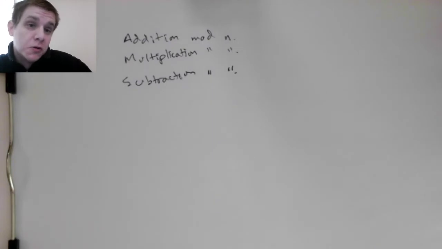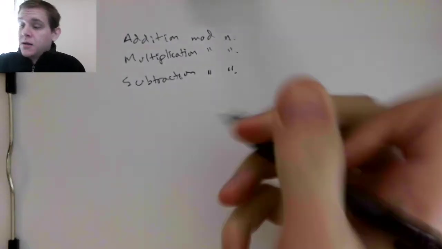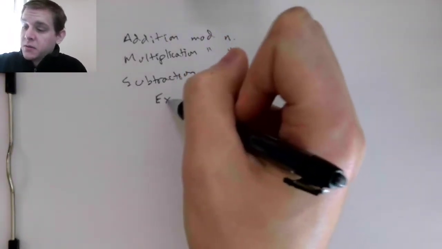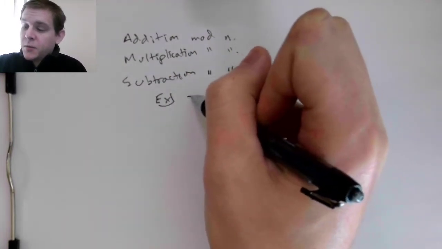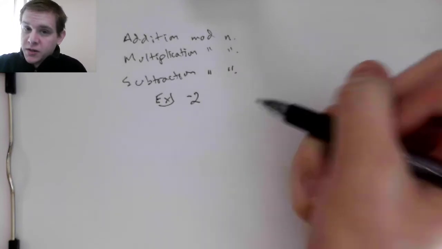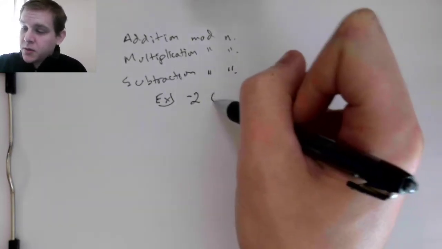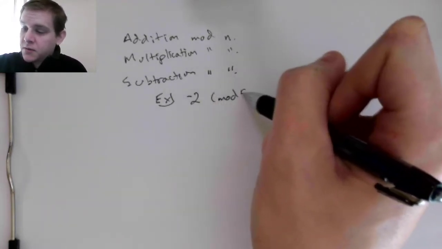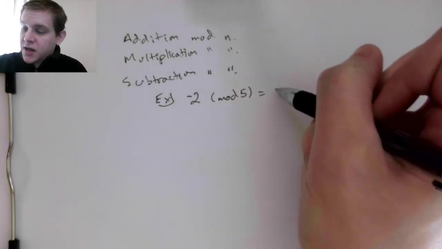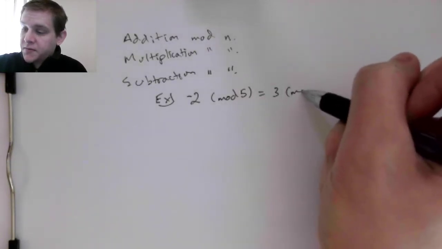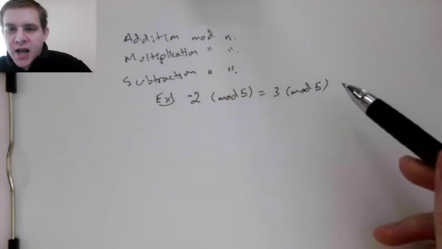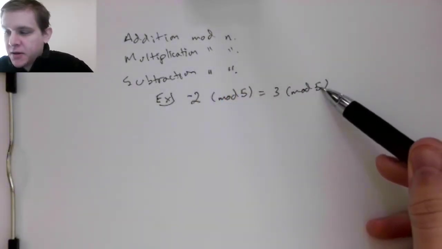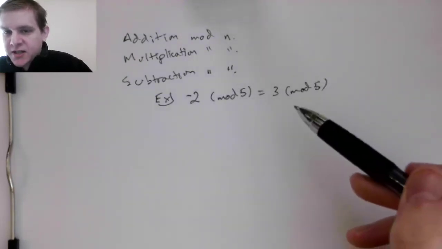So if I have minus 2, for instance if I considered things mod 5, and I wanted to look at the opposite of 2 modulo 5, this is the same thing as 3 mod 5. When I take mod 5, it means that I can add any multiple of 5 to my number and still stay in the same congruence class.